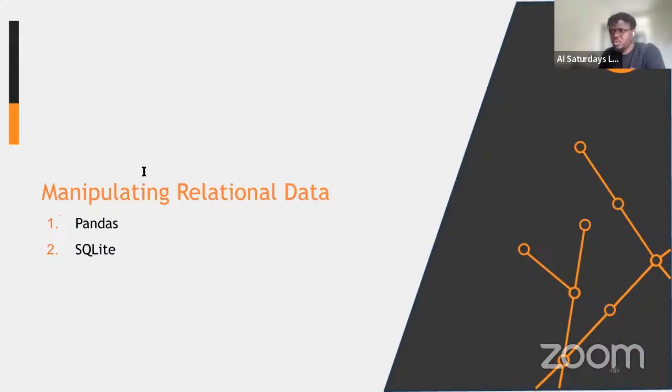We're going to be moving on to the next section now, which is manipulating relational data. So now we've explained the concept of it, the idea of dealing with data in rows and columns. So now, how do we manipulate relational data? Now, keep in mind, this is not an exhaustive list, but this is what we're going to be covering in this class. So Pandas and SQLite.